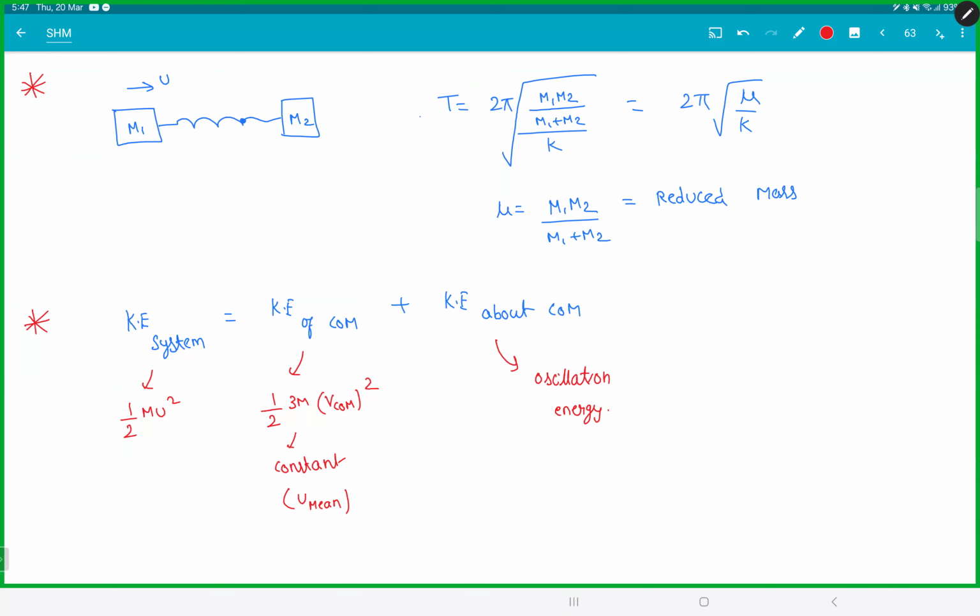So you can divide energy into two components: the kinetic energy of center of mass and kinetic energy about center of mass. The center of mass velocity does not change, so that is constant. That means only this component changes from spring potential energy to kinetic energy, and then kinetic energy becomes spring potential energy.